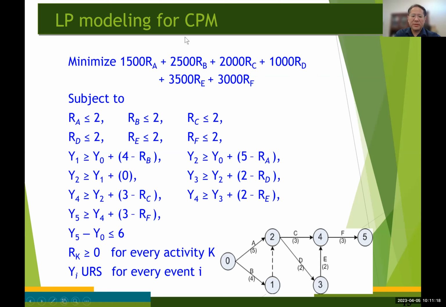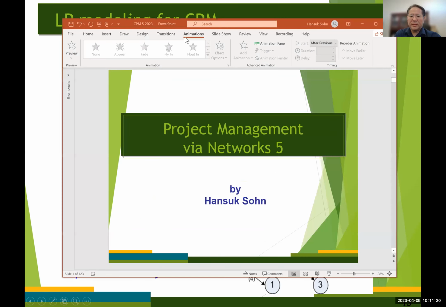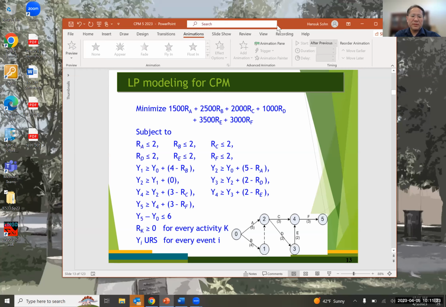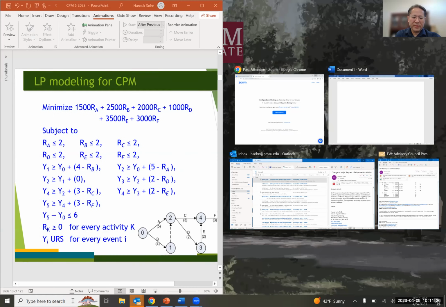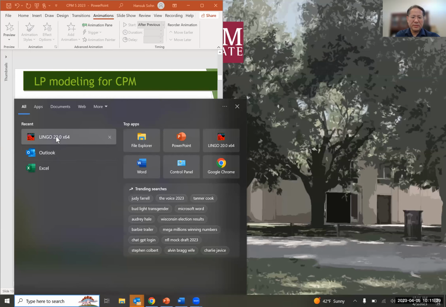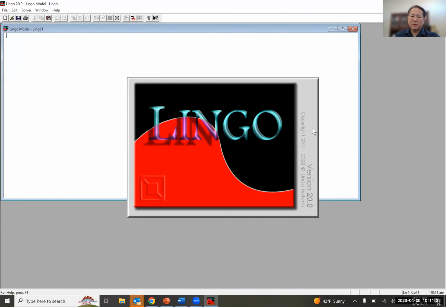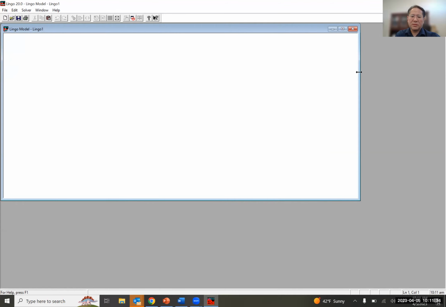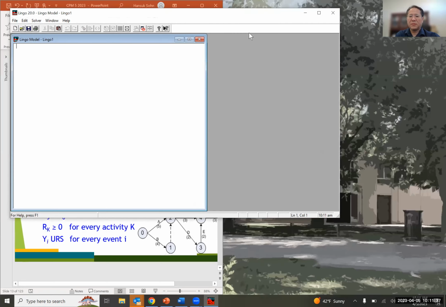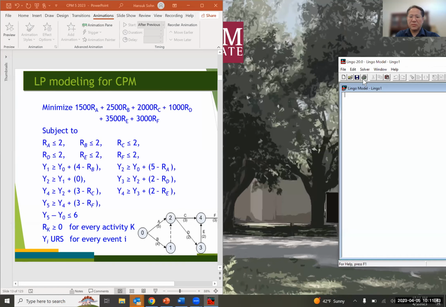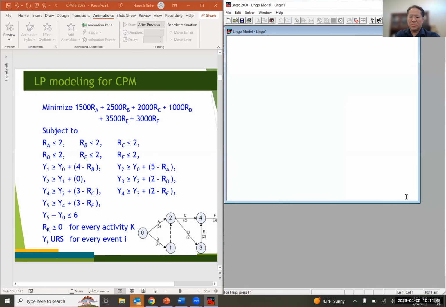Okay, so let me open up Lingo so that we can get the optimal solution. Okay, let me disable my camera.